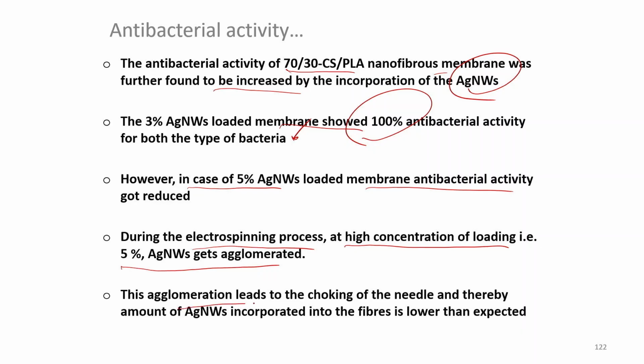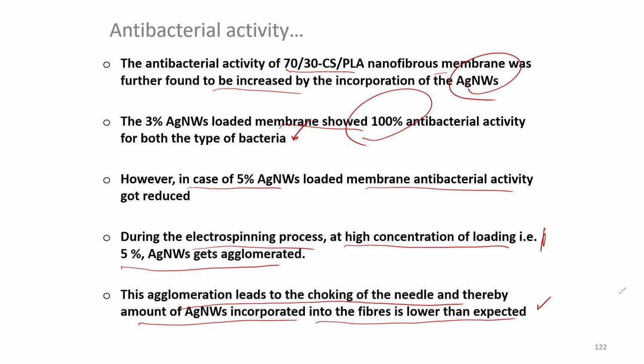This agglomeration leads to choking of the needle, so the amount of silver nanowire incorporated into the fiber is lower than expected. Initially we expected that increasing the silver nanowire would add more and more silver content, but that was not possible.